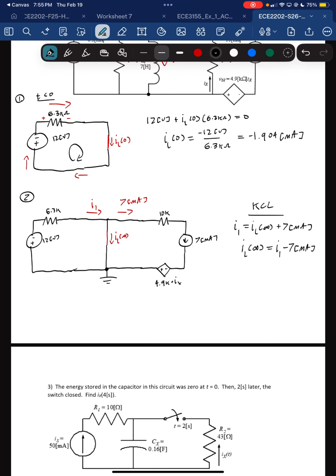Just writing a KCL, had to define a current. We're given 7 milliamps. We're solving for IL of infinity. Now, the reason I defined my ground there is because I want to look at the relationship of the voltage across this 6.3 kilo ohm resistor.